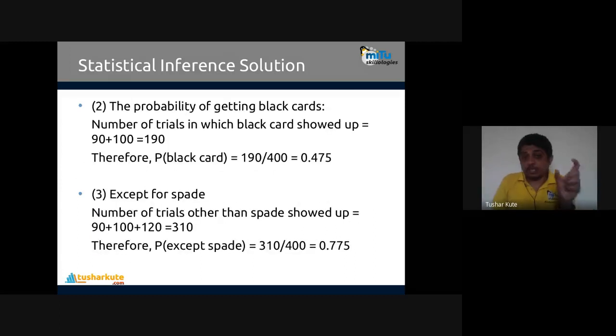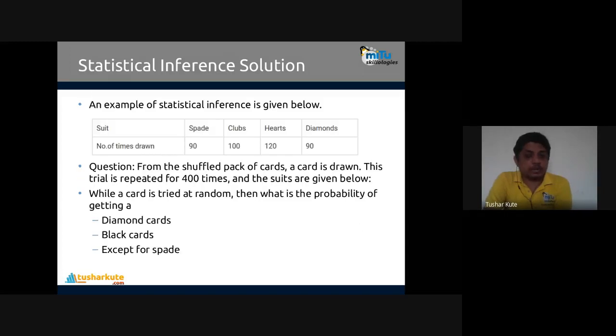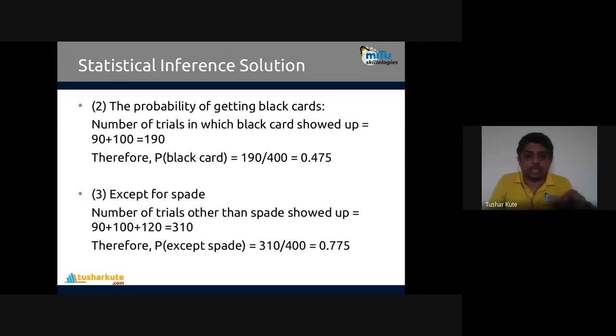Here, from the whole observation, you apply it on a single draw. Now second: what is the probability of getting black cards? Two blacks are there. Which ones? As I showed, spade and club are black. 90 plus 100, total 190. 190 times out of 400 the black card was drawn.